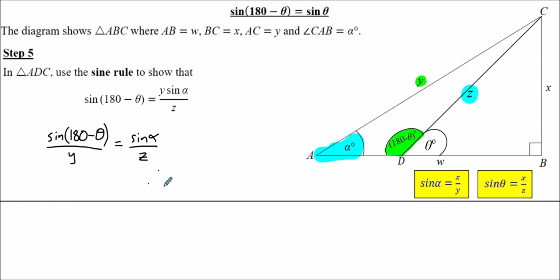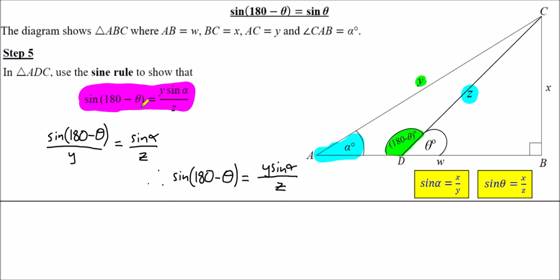So therefore, if we just multiply both sides of this equation by y, we can quite easily see that the sine of 180 minus theta, if we multiply by y, we can put this y up here. So it becomes y sine alpha over z, which is exactly what we wanted to prove. We wanted to show this, and we have done here.